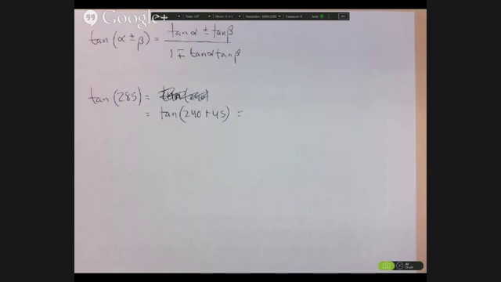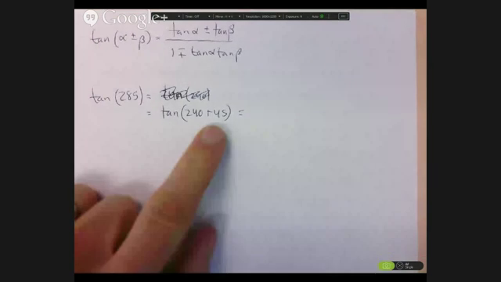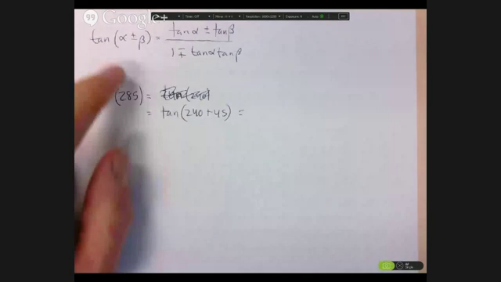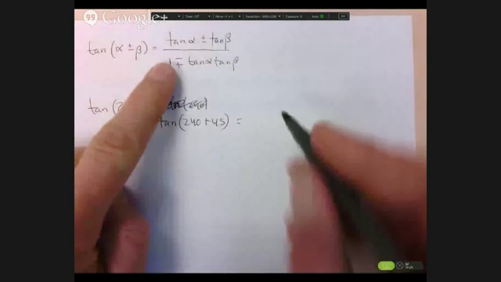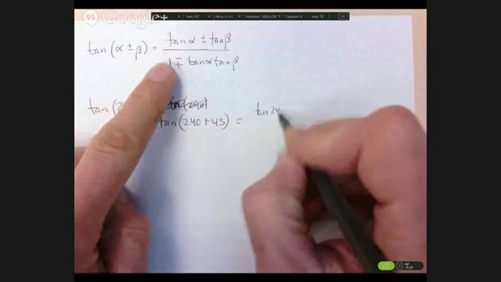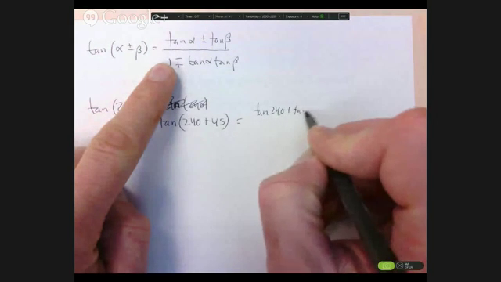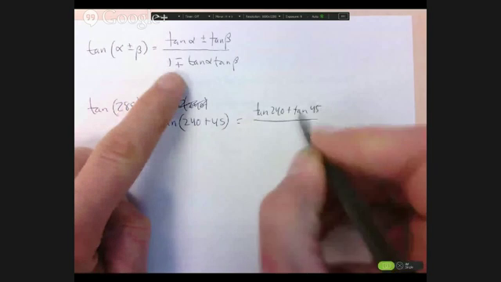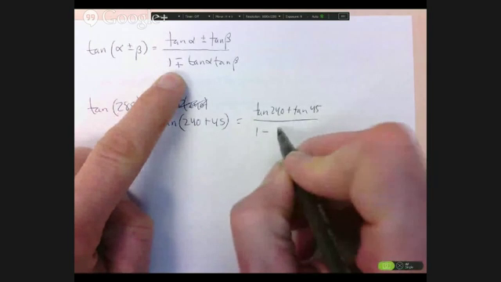All right, so we're at addition. So the top is add. The bottom is subtract.